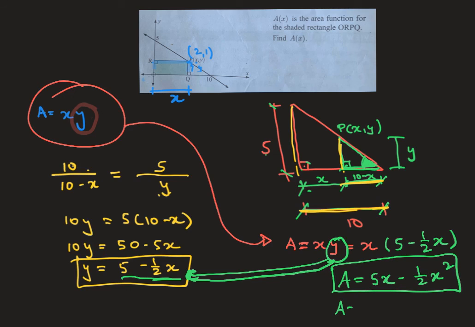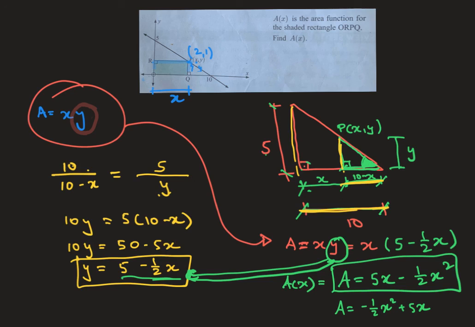Sometimes you may see this number first, because often in quadratics we put the variable with the highest power first, which in this case is x to the power of 2, but it's exactly the same, it doesn't make any difference. Or you may have seen this written as A of x, so in terms of x.